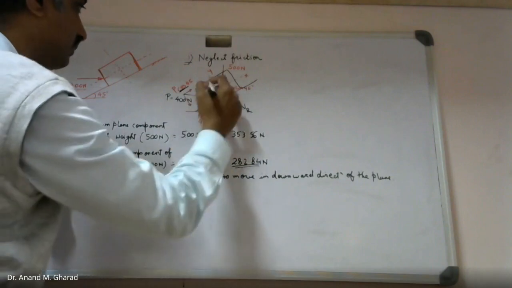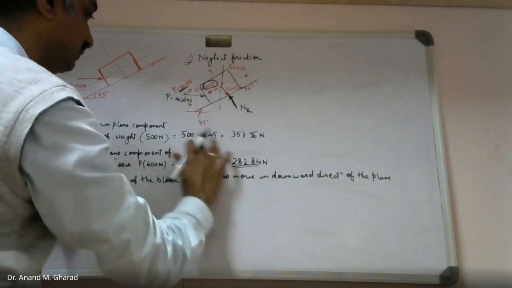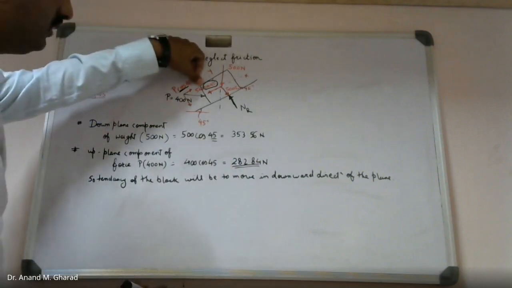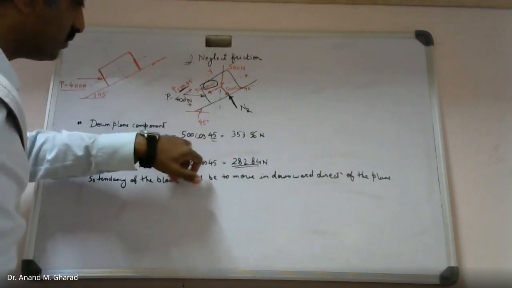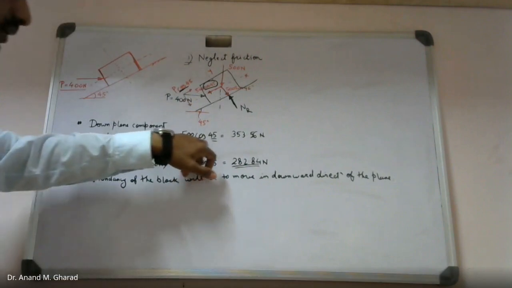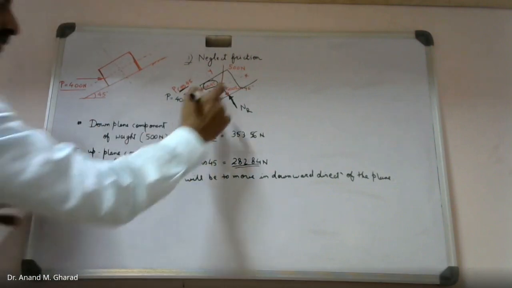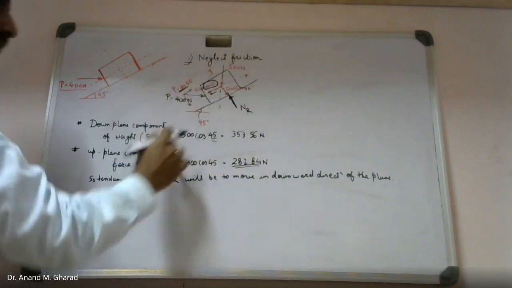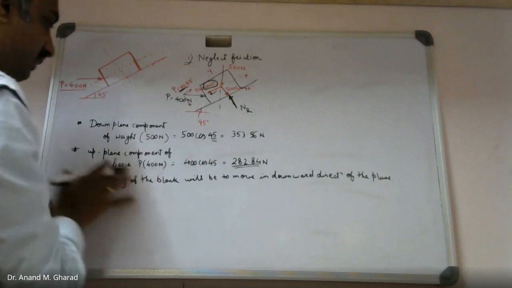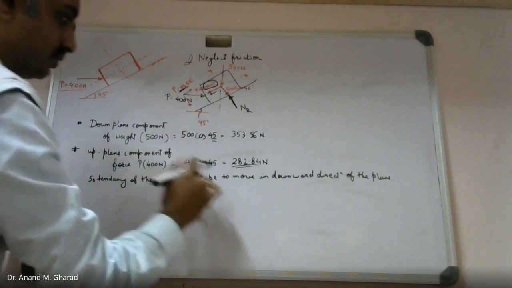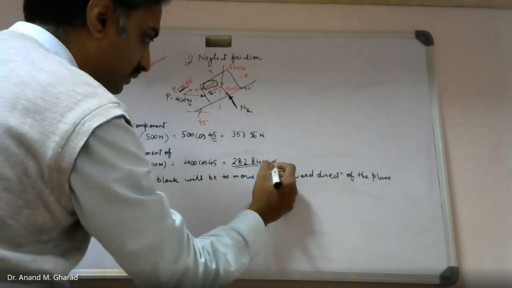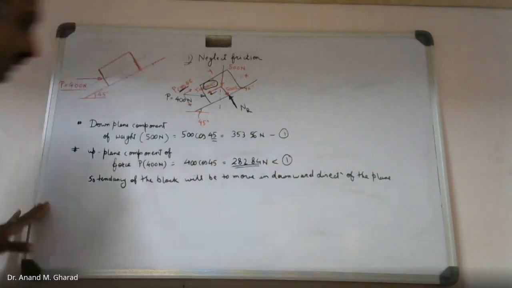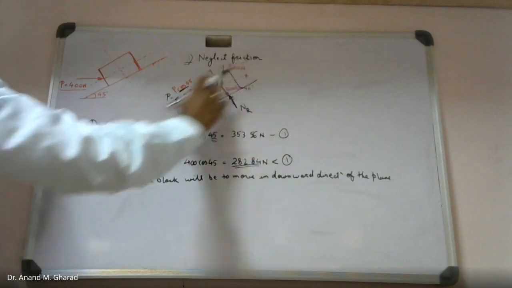Because we are assuming here 500 cos 45, this is what we are trying to identify: the down the plane component of the weight, and this is the up the plane component of the force. So what do you observe? This value is less than this, and therefore the tendency of the block is to move in the downward direction.